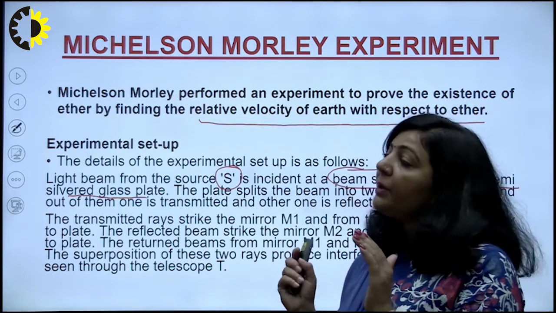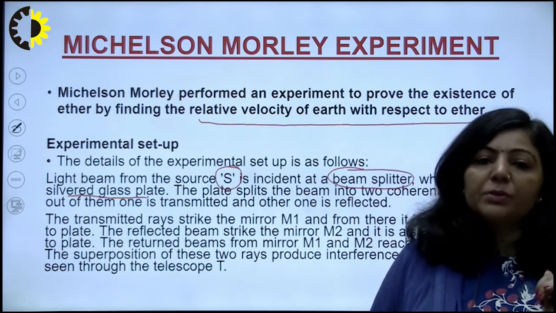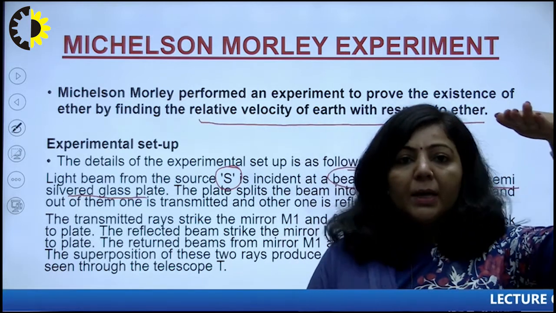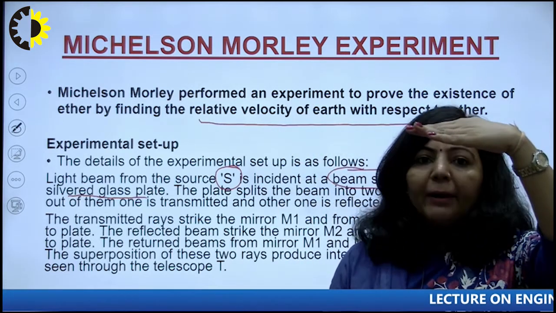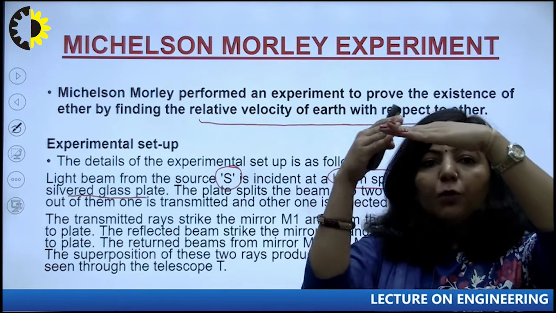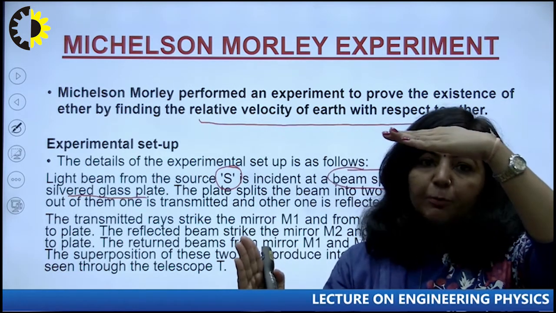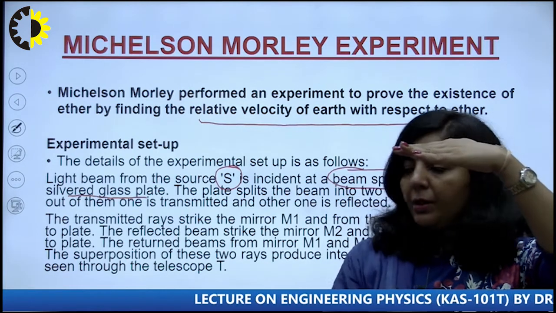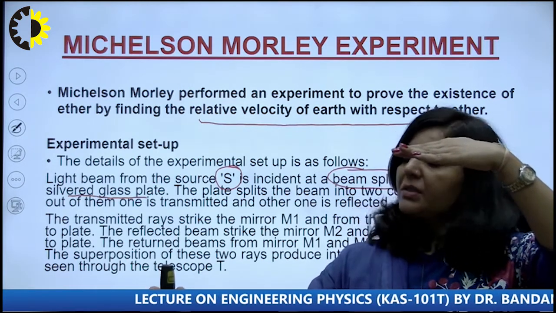Now in this experimental setup, there will be two mirrors. Suppose the position of one mirror is this, then the second will be just perpendicular to this. So one ray will move toward the first mirror and the other will move toward the second mirror.